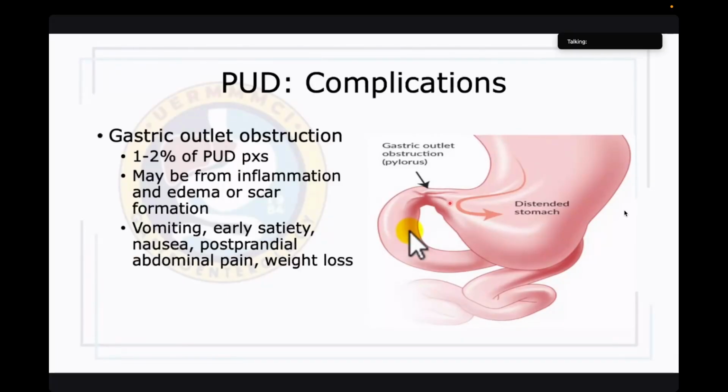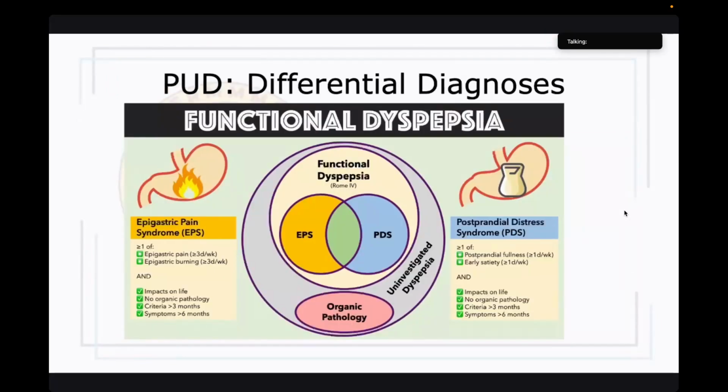But if this is due to scarring or fibrosis of an ulcer, then endoscopic dilation or surgery should be performed. Symptoms are often due to the inability of food and gastric contents to pass through this area. So the most prominent symptom would be vomiting of previously ingested food. But there can also be early satiety, nausea, increase in postprandial abdominal pain, and weight loss.